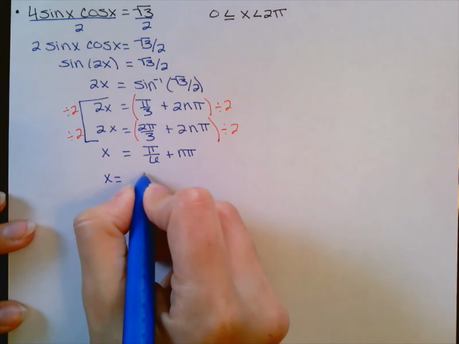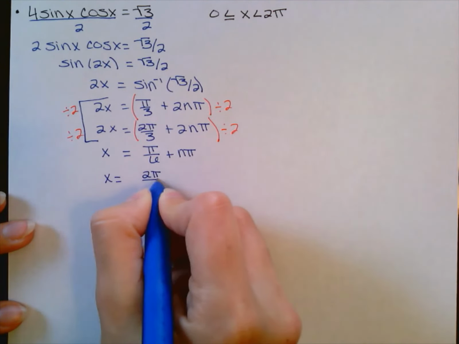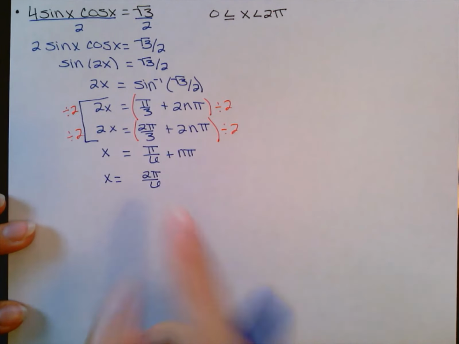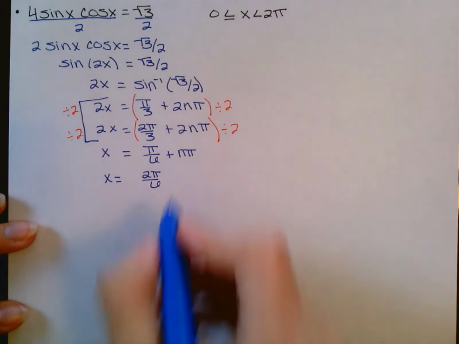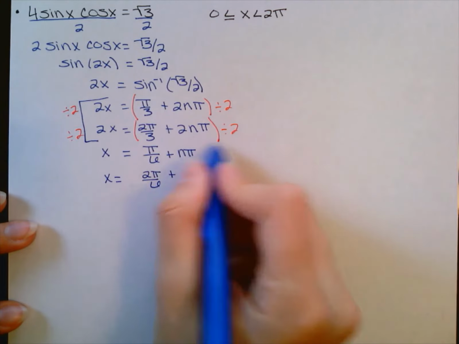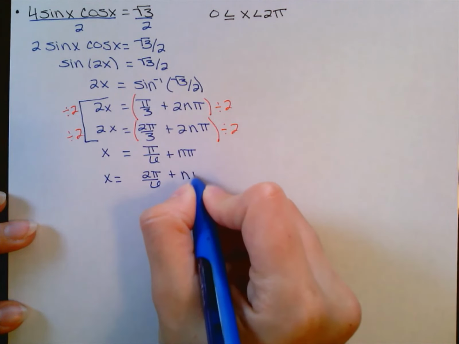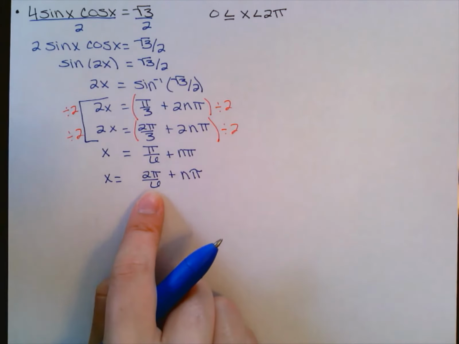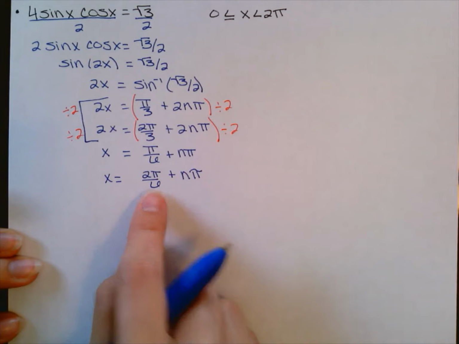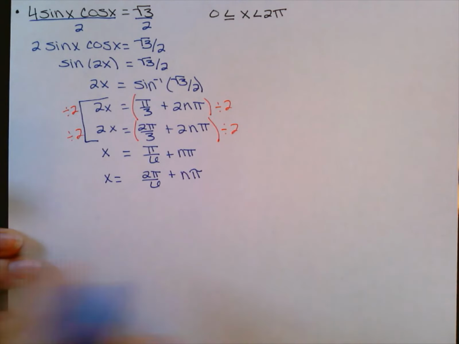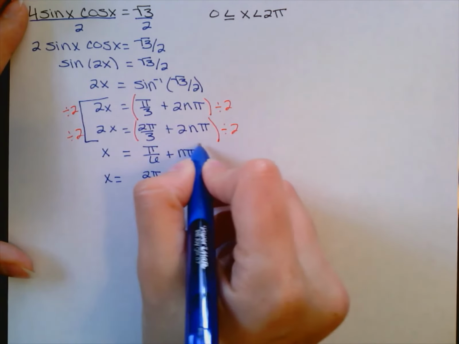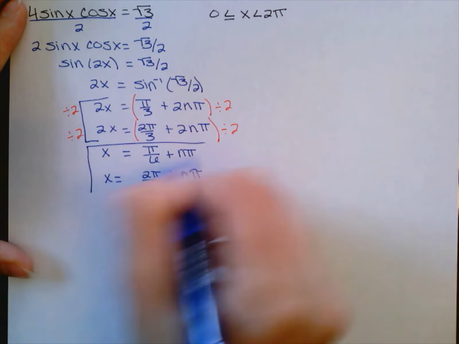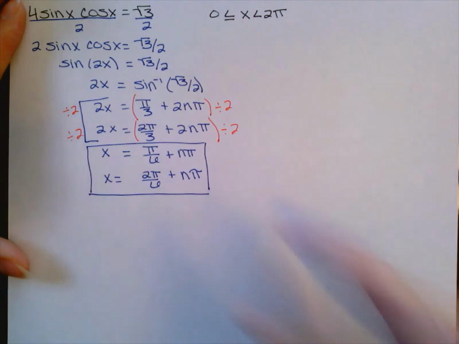Or I can call this 2 pi over 6 so that I keep a common denominator already. Different options, okay? And again, dividing by 2 here just leaves me with n pi. So I personally like keeping common denominators throughout the entire way so that my math is a little simpler. But again, if you would have written pi over 3 here, you still would be correct. I have x isolated, so now this is my general solution.